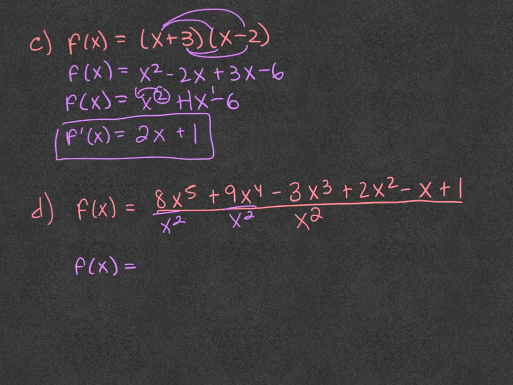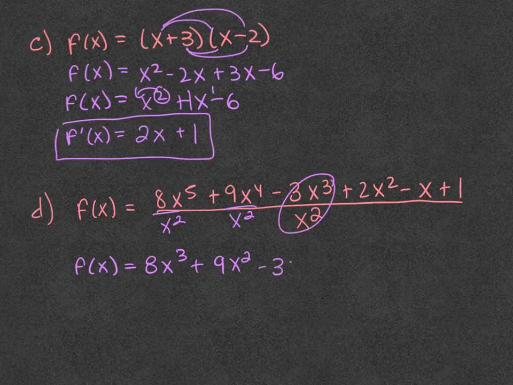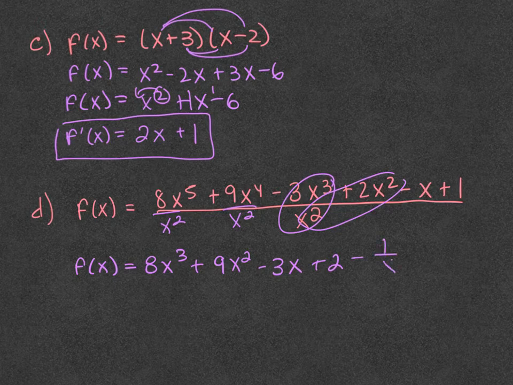8x to the 5th over x squared would be 8x to the 3rd. 9x to the 4th is now 9x squared. This one would be minus 3x plus 2. Negative x over x squared would be negative 1 over x, and then plus 1 over x squared.